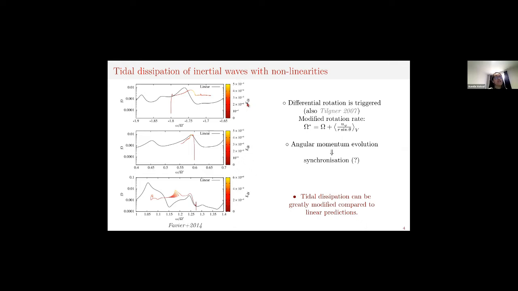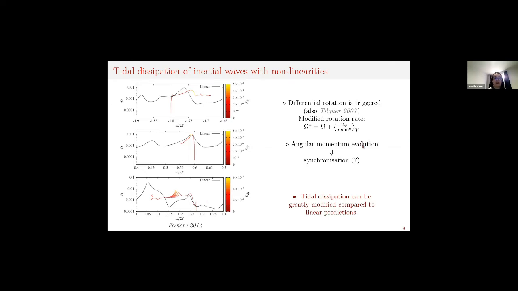You have in the color bar here the energy inside the differential rotation, and you can explore the range of frequency here. And you can see that you can have orders of magnitude of difference between linear and nonlinear predictions for the tidal dissipation.